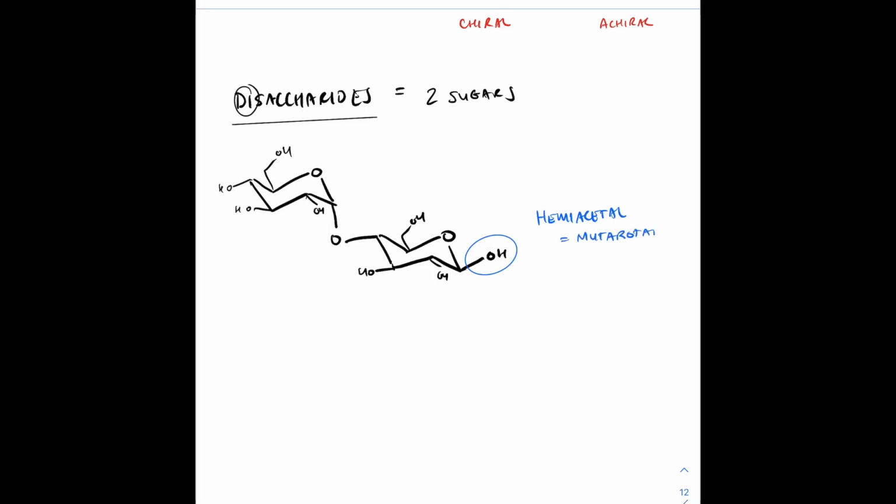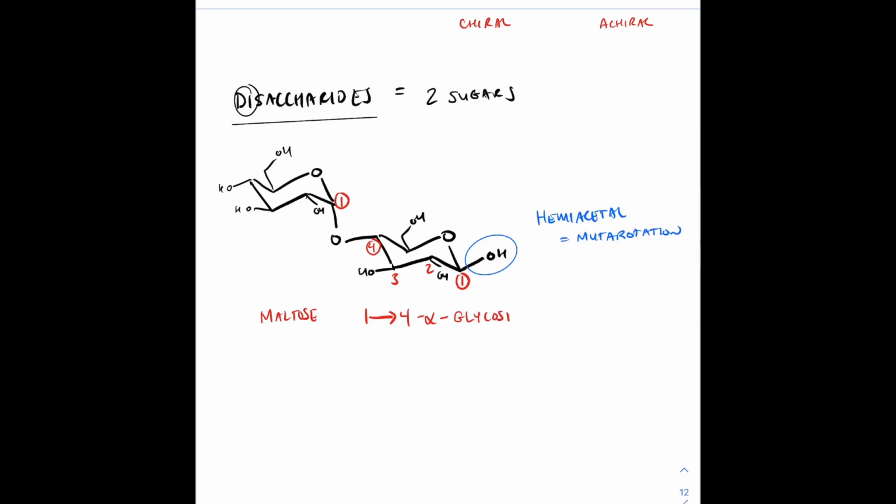So in this structure here, note we have a hemiacetal on the terminal end on the right, circled in blue. That means this portion can actually open and close. It can undergo mutarotation, whereas there is an acetal in the middle connecting the two, and that's not going to break open as easily.